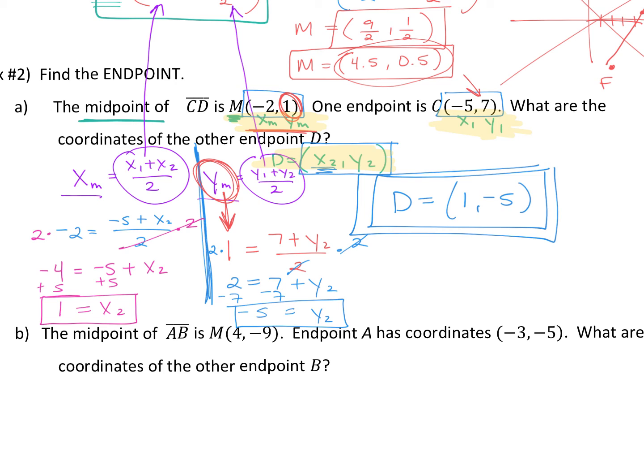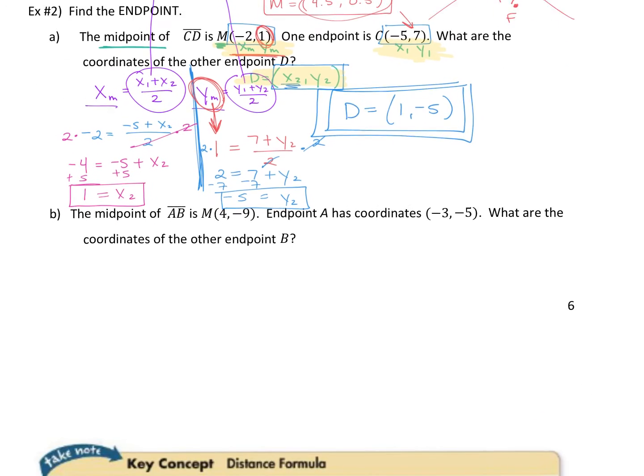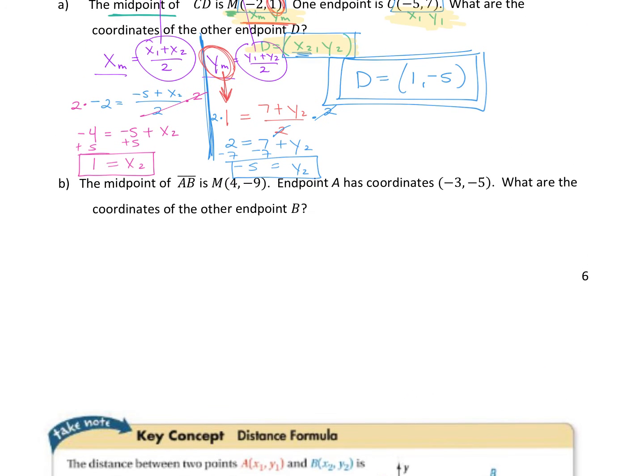So label what you know with all your x1s, x2s, y1s, y2s, x sub m, or y sub m, and see if you can figure out the coordinates of the other endpoint. Okay, so you have your midpoint, you have one endpoint, find the other endpoint.